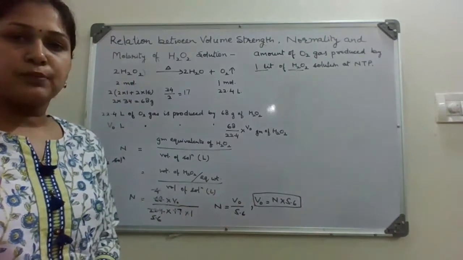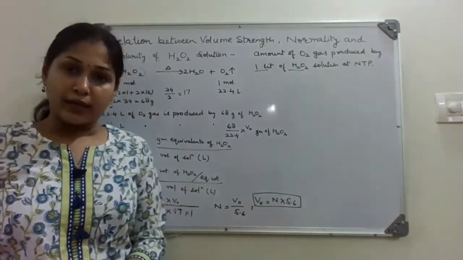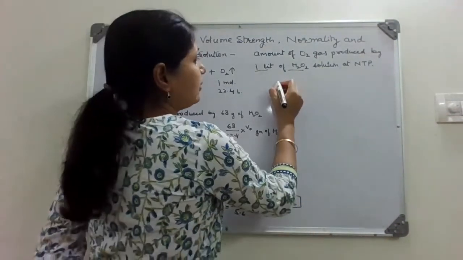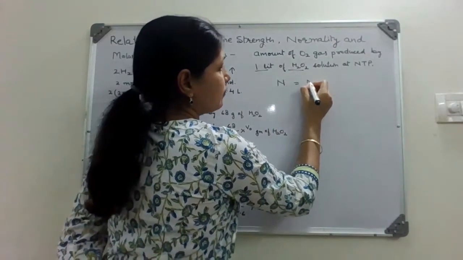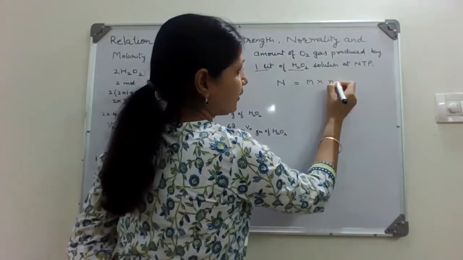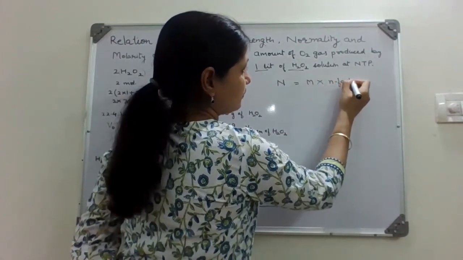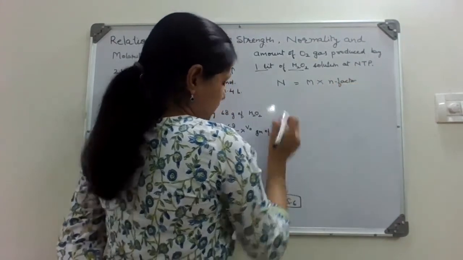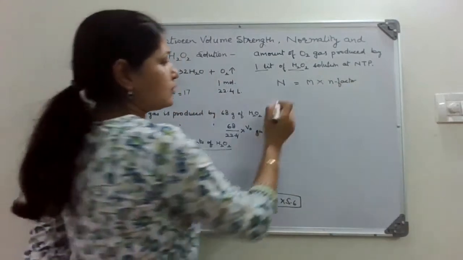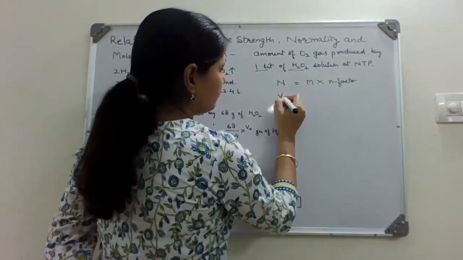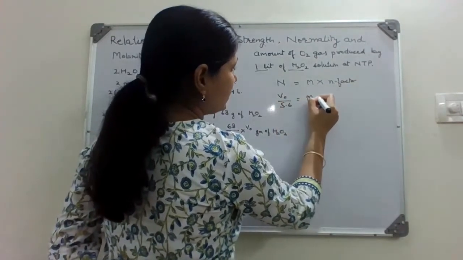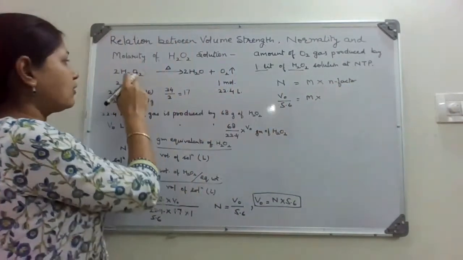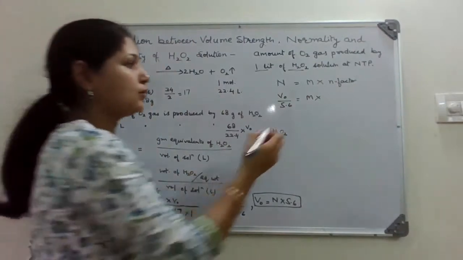Let's see the relationship between volume strength and molarity of the solution. We know that normality of the solution is equal to molarity into N factor or valence factor. Normality from here is equal to VO on 5.6 equals molarity into N factor. N factor for hydrogen peroxide is 2.